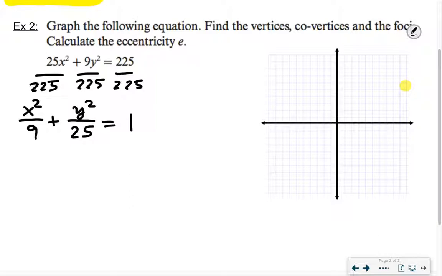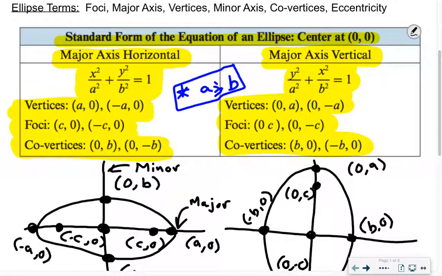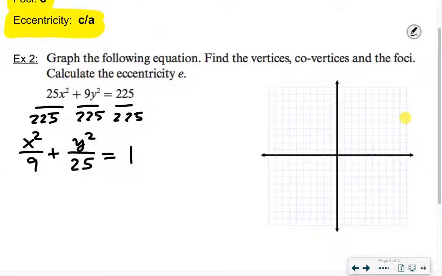Now the last thing we want to do is get these to have exponents of 2, right? Because if you go back to your template, we can identify the a and b values as if we have those exponents of 2. So x squared over 3 squared plus y squared over 5 squared is going to be equal to 1.